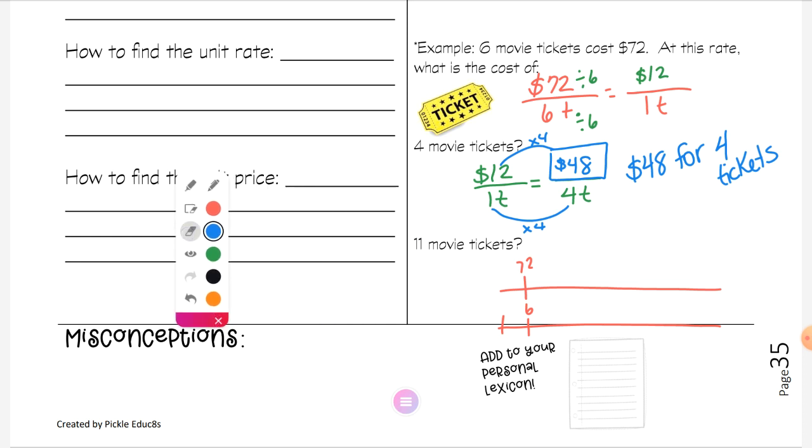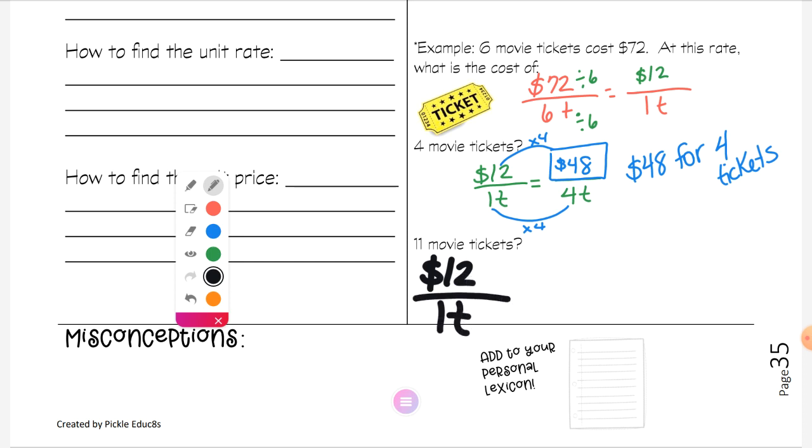Let me get my eraser out. How do I do 11? Or how can I do 11? Owen? Do the same thing you did for 4, just multiply by 11. Yeah, so we're going to start with 12 to 1. Okay, it's $12 for 1 ticket.